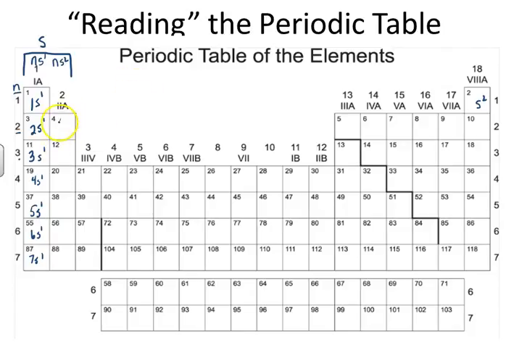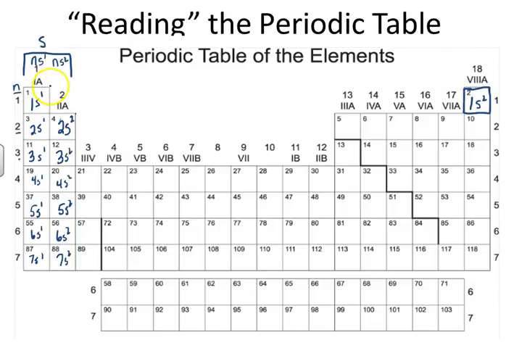Members of this family begin 2s2, 3s2, 4s2, 5s2, 6s2, 7s2. We actually have over here helium, which is going to have an electron configuration of 1s2.